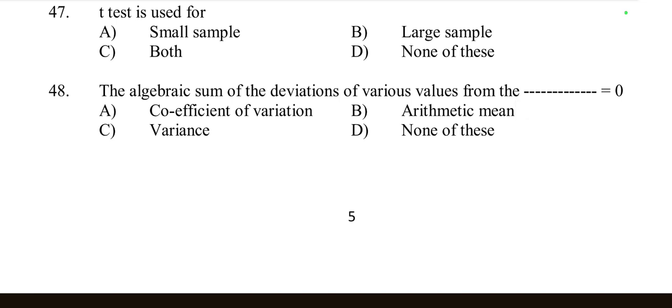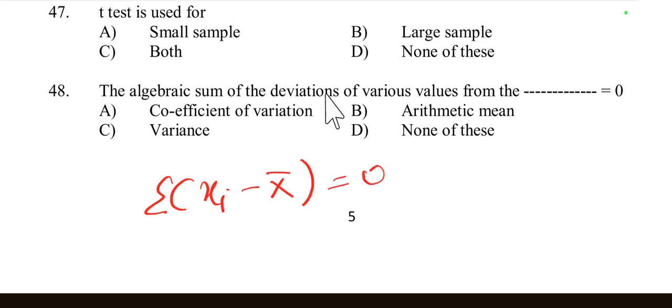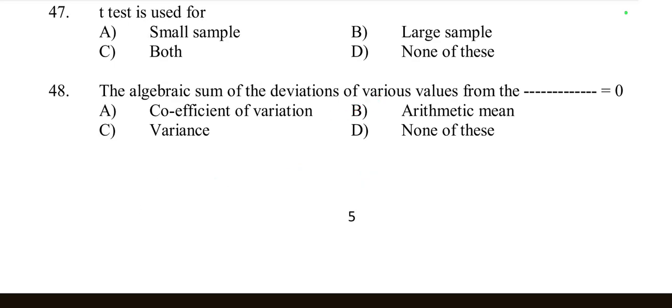Mean means arithmetic mean. In formula, sigma xi minus x bar is equal to 0. The algebraic sum of the deviations of various values from the arithmetic mean is equal to 0. So the right option is option B.